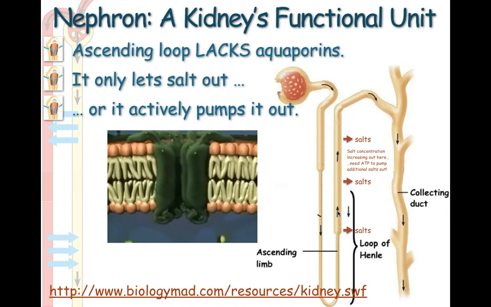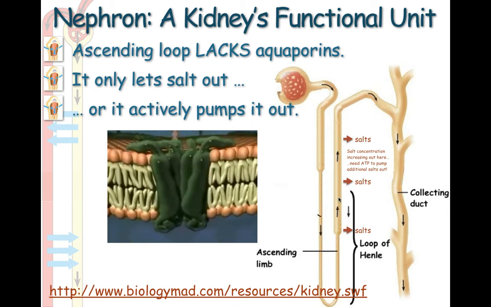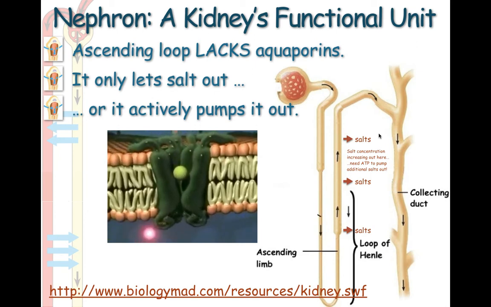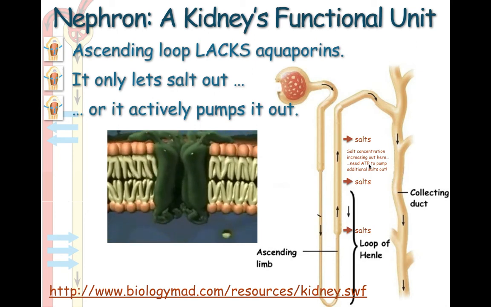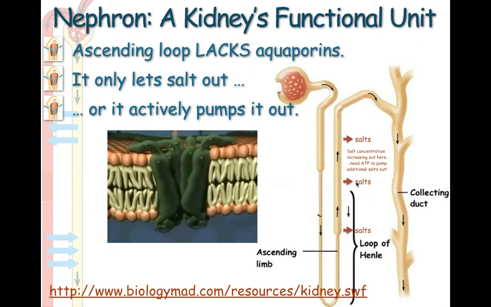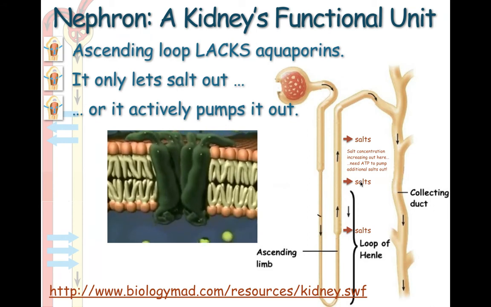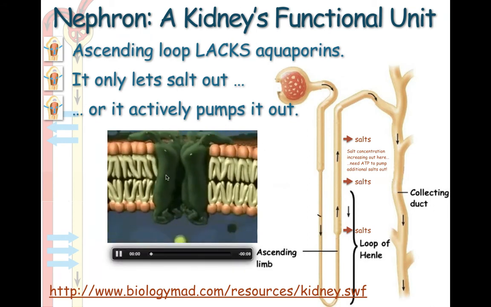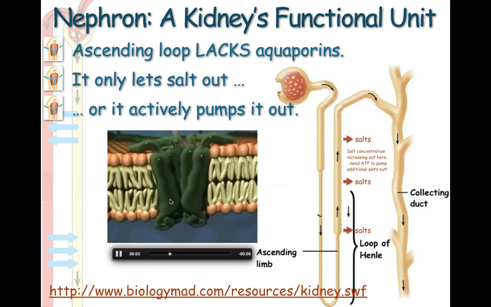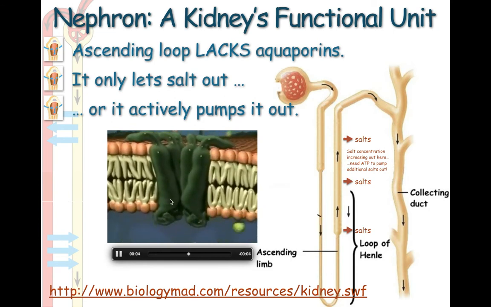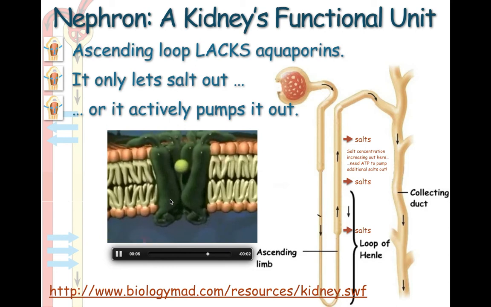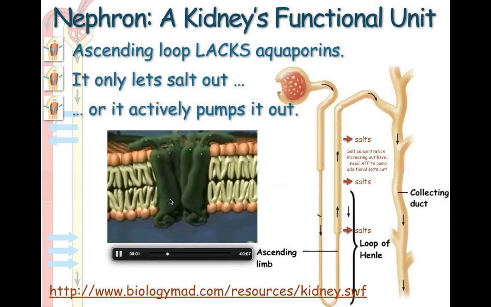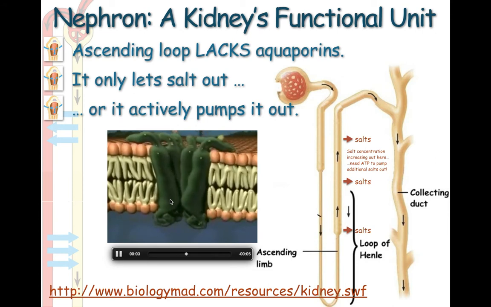But as we move up, it becomes more difficult to move these salts into this interstitial space. Why? Because the concentration of salts is now very high out here, but your body still wants to do it. And so it actively pumps salts across a membrane, but it can't do it using simple diffusion, so it has to use active transport, which means it takes a little bit of energy to continue to push those salts across the membrane.